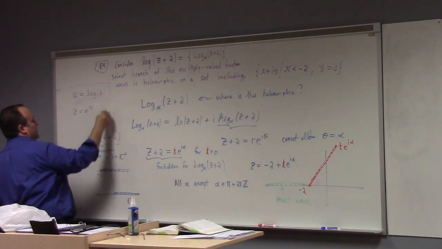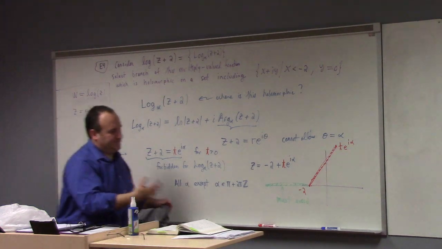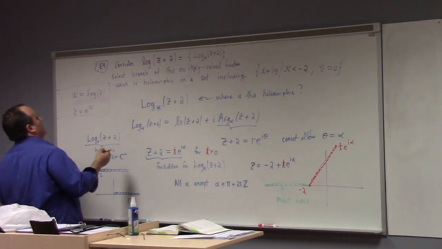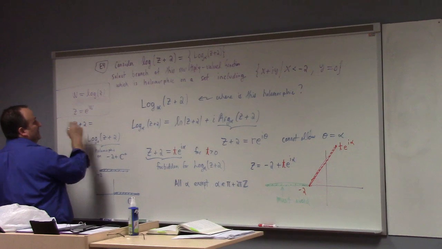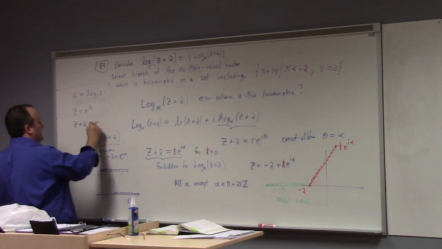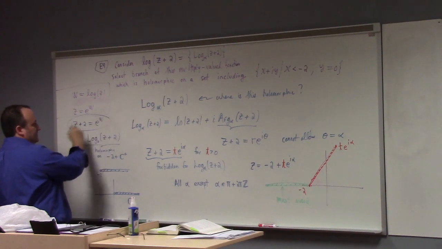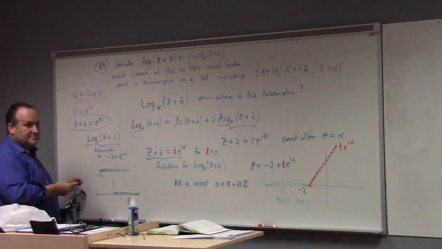That's the meaning of w equals log z. So if I say z plus 2 is equal to e to the w, any solution to this is one of the little logs.